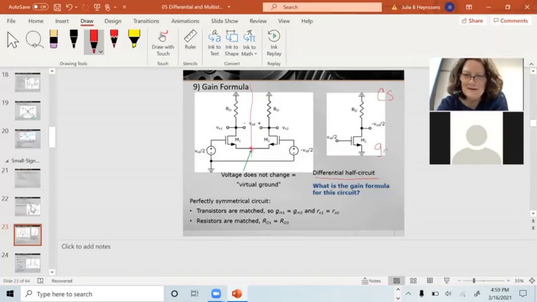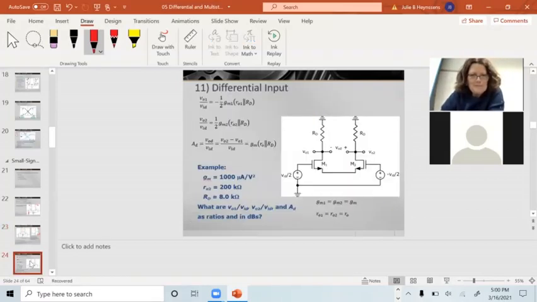It is gmro, and there's a negative sign in there. Through the magic of algebra, we're going to get rid of the negative sign. We'll do that in the next slide. But the gain of this half circuit is going to be gmro over 2, because I've got the 2s in there or something like that.